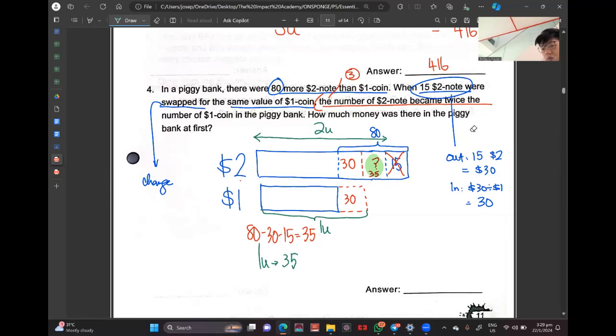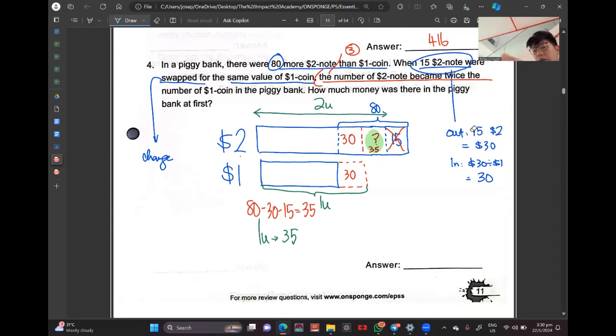Now the question says, how much money was there in the piggy bank at first? Where is at first? Piggy bank at first. Including the 15. So we go one by one, okay? When they say how much money, that means they want the value. Understand? All right. Now, what should I go first? Shall we go with $1 first? Okay, fine. You know what? We can just go with $2. It's perfectly fine. Let's start with $2 first. Now, $2, we can see that it's actually how many units?